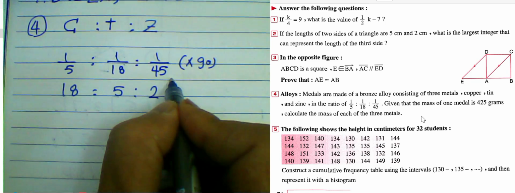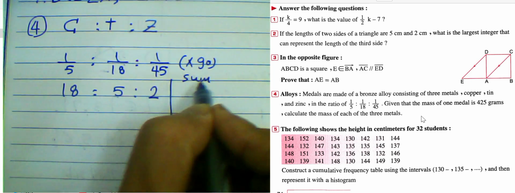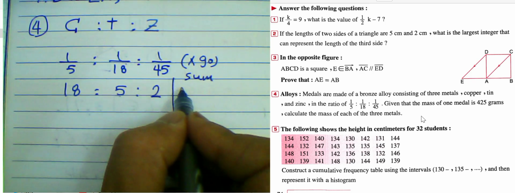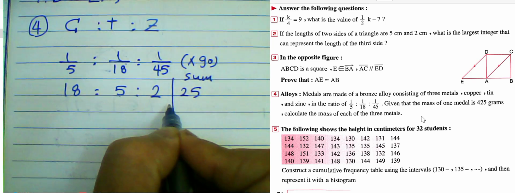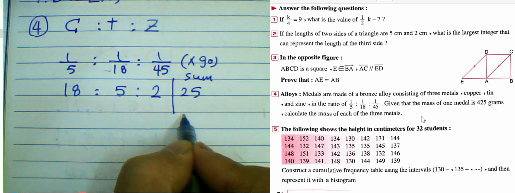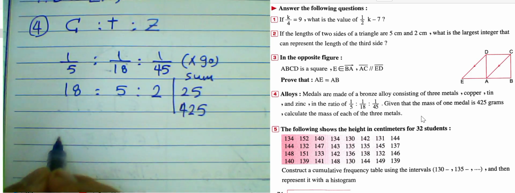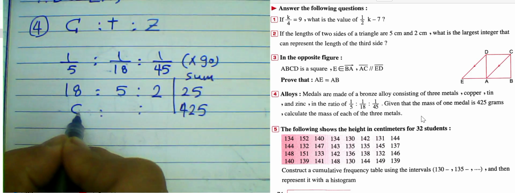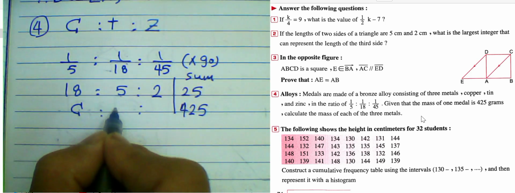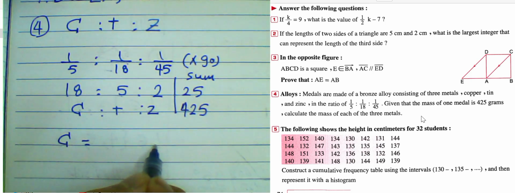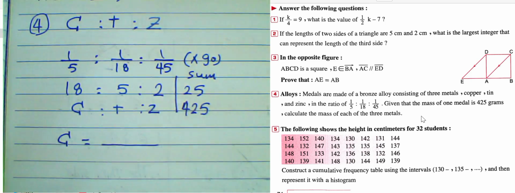Calculate the mass of each of the 3 metals. Okay, then we can find here the sum of all parts. 18 plus 5 plus 2 will be 25. Okay, and he gives us the total weight, 425. Then we can find the weight of each one, C and T and Z. Then the weight of C will be equal to 18 multiplied by 425 divided by 25.